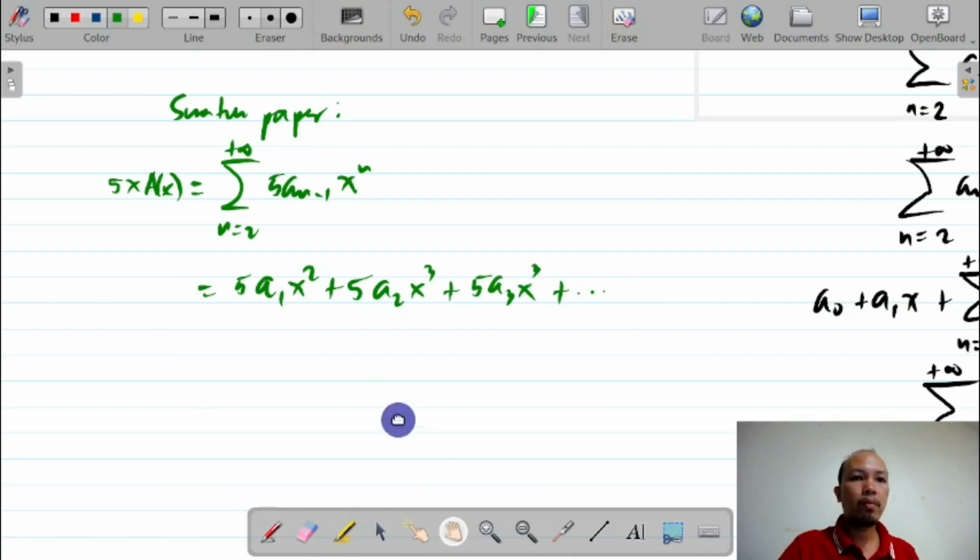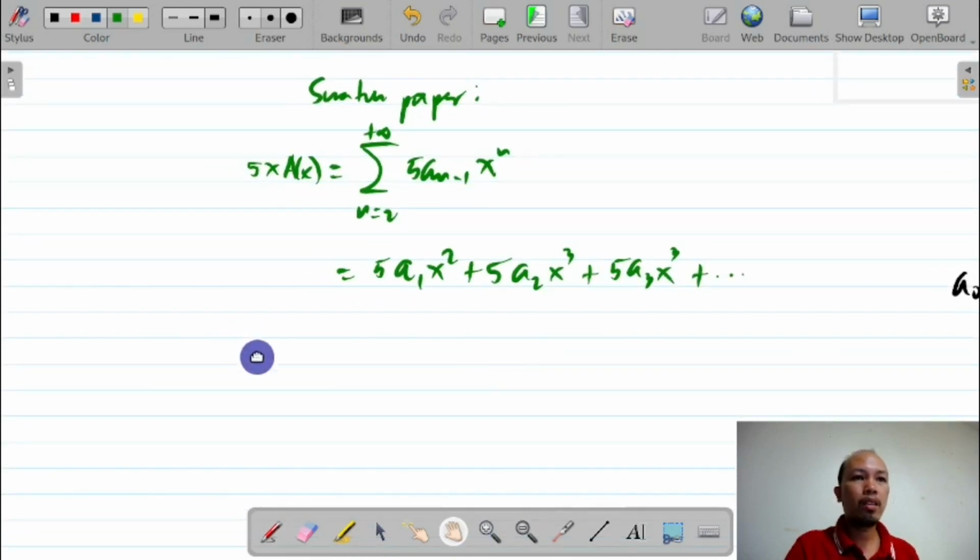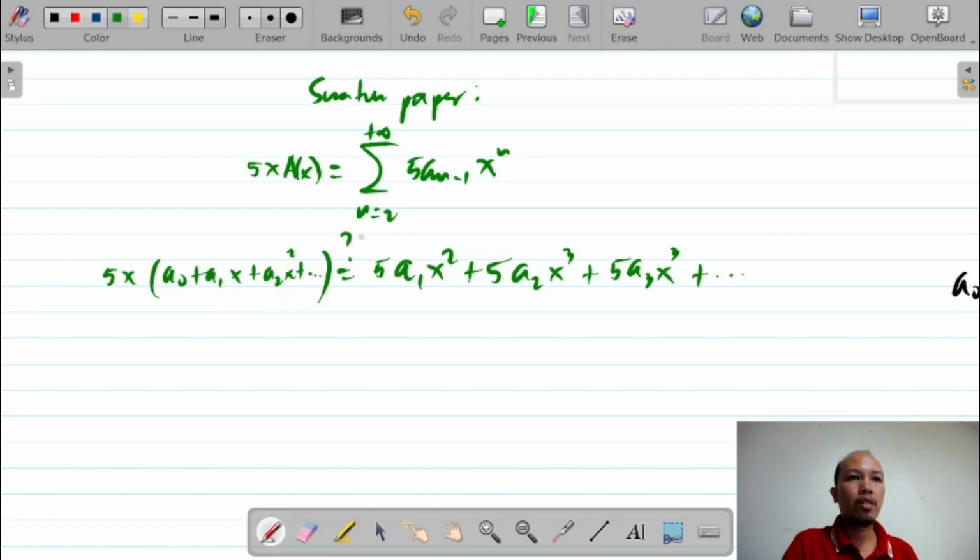But the left hand side, we know that A of x is a sub 0 plus a sub 1 x plus a sub 2 x squared, and so on and so forth. So are they equal? If you distribute, we know that a sub 0 is 0.